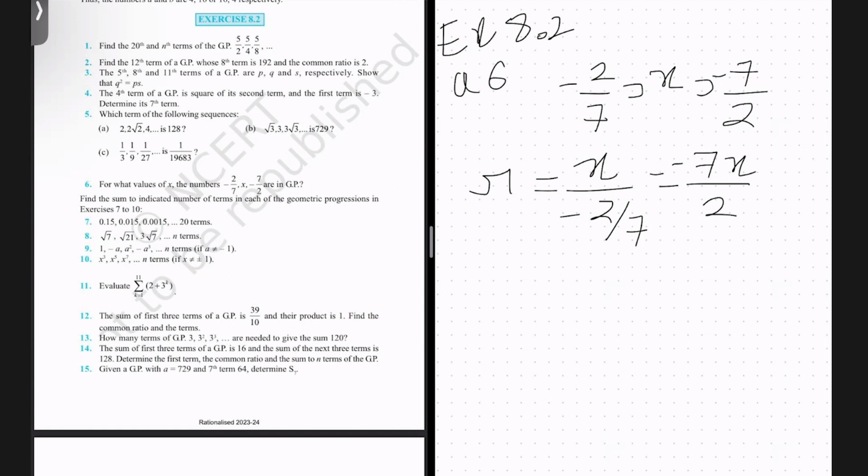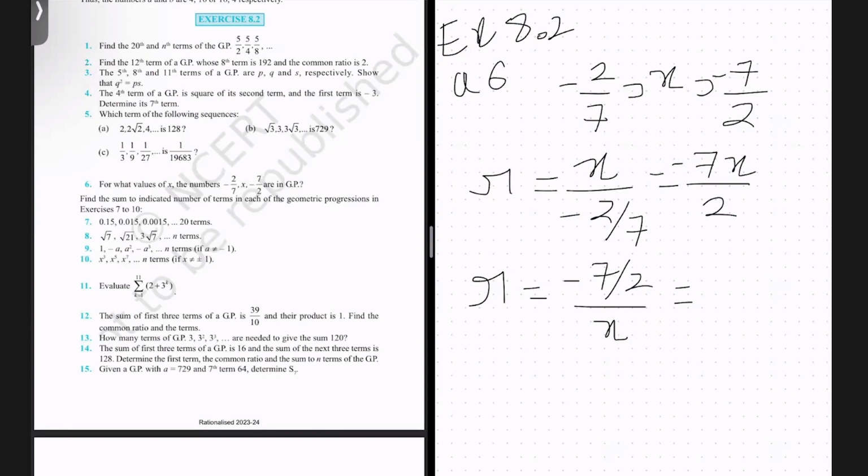Correct. Then we have also been told that minus 7 by 2 and x are also going to be in GP. We have been told that these 3 terms are going to be in GP, right? So can I write the common ratio again as minus 7 by 2 divided by x, which is nothing but the third term divided by the second term, and denote that as the common ratio?